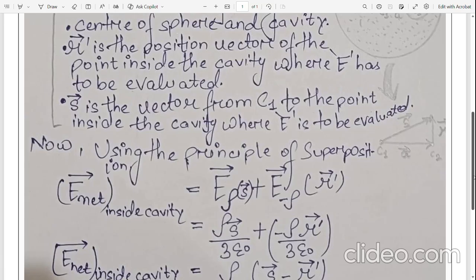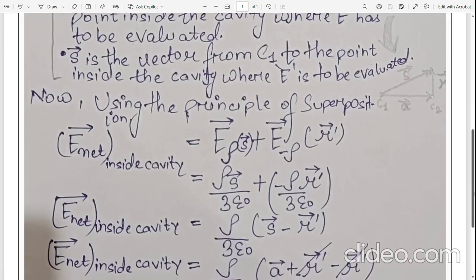Similarly, for the electric field due to a sphere having negative volume charge density, at a point at position vector r dash inside the cavity, we will use the formula minus rho upon 3 epsilon naught r dash. So the net field becomes rho upon 3 epsilon naught times s vector minus r dash vector. I hope this much is clear till now.